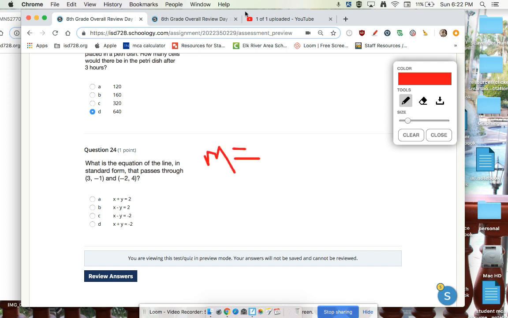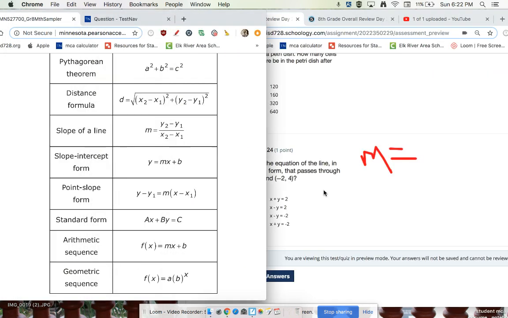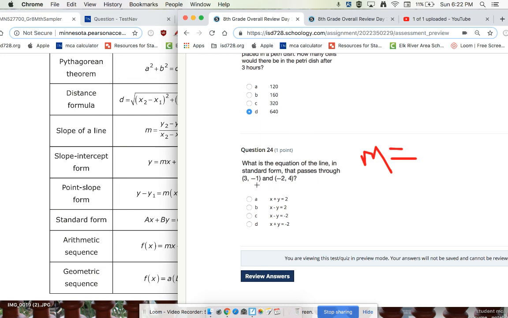My slope, according to my formula, is second y take away the first over second x take away the first. So second y, 4, take away my first y, -1, over second x is -2, take away my first x, 3.